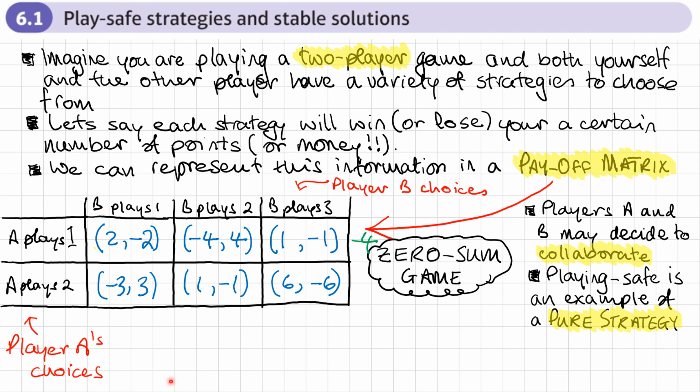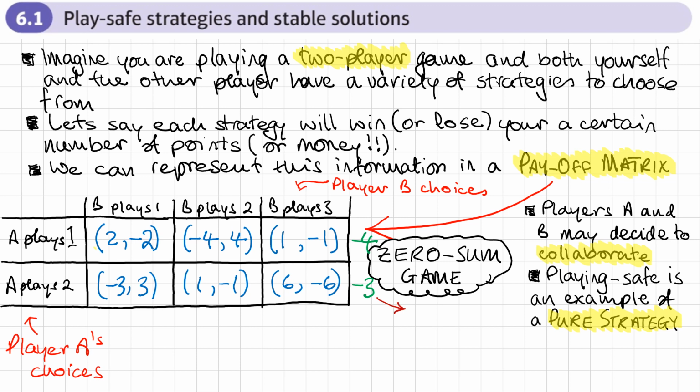Okay, how about if they play 2? Well, they could lose 3, gain 1 or gain 6. So what's the worst that can happen? They can lose 3. So what should player A do? Well, they should play 2, because the worst that can happen is that they lose 3, whereas if they play 1, the worst that can happen is that they lose 4.